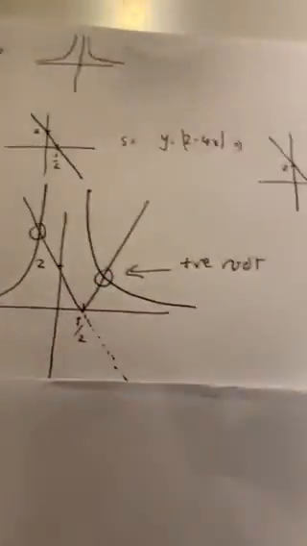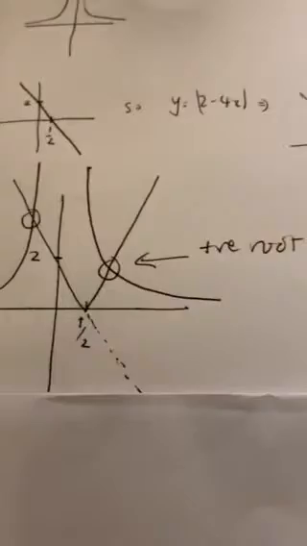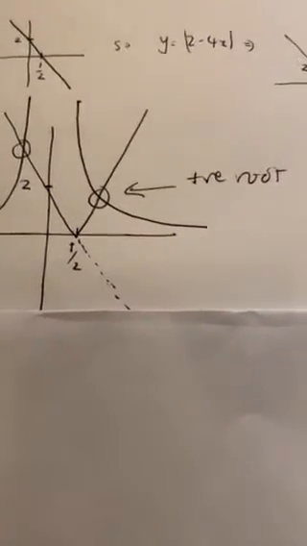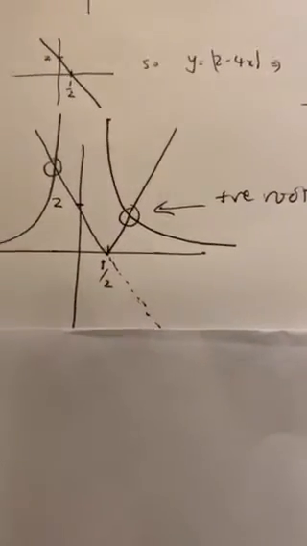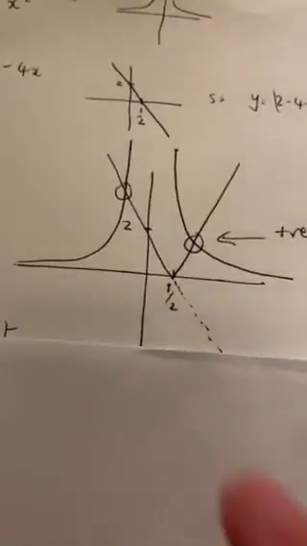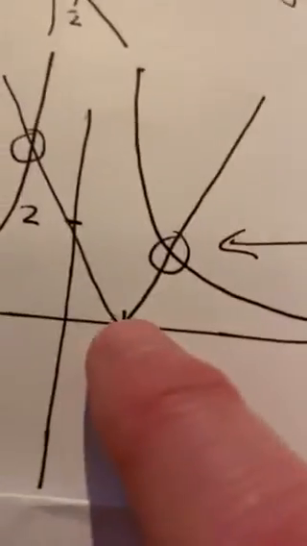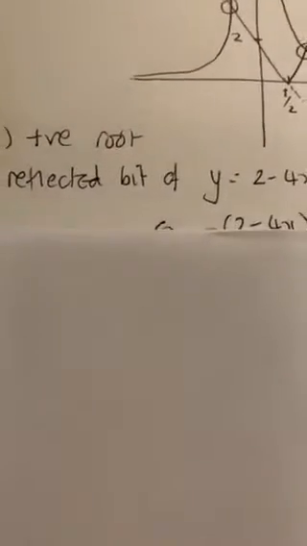You know that when you reflect in the y-axis, which is what you're doing here, you multiply the whole equation by -1. So this graph here, if you want to look at it, is -1 times 2 minus 4x. That's the way we would think about it.